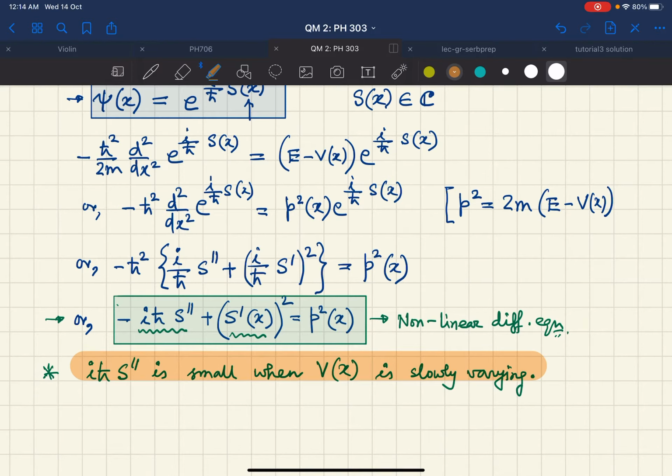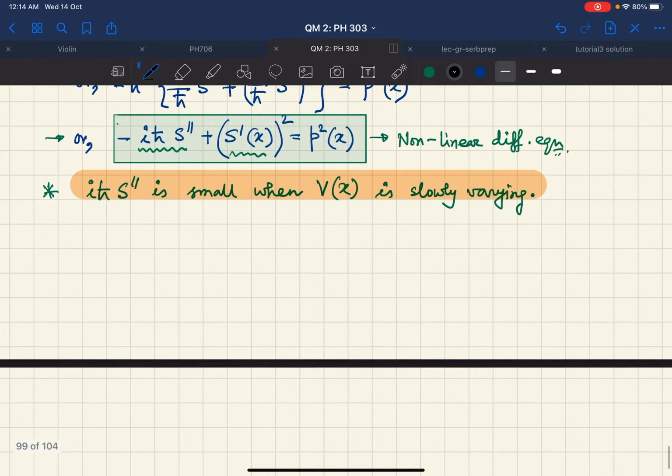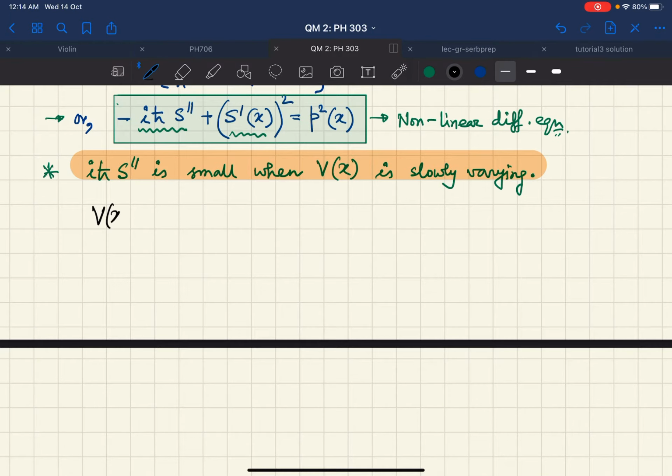To understand this, let us consider a constant potential. Suppose I took a constant potential V of x equal to V0, which is nothing but a constant. This is of course the extreme case of a slowly varying potential. Nothing is actually varying in this example, but let us take this as a starting point.